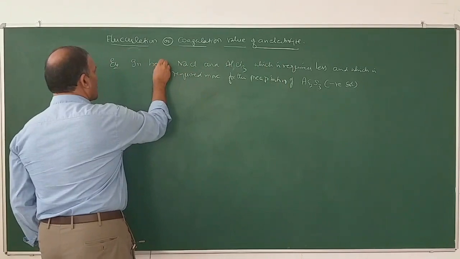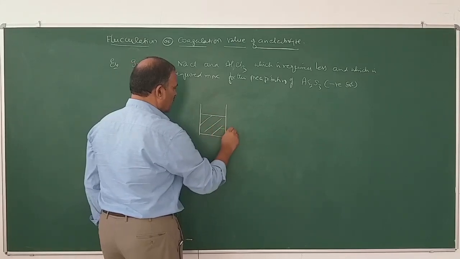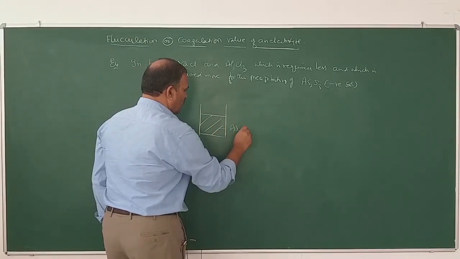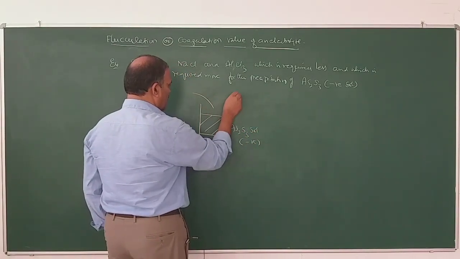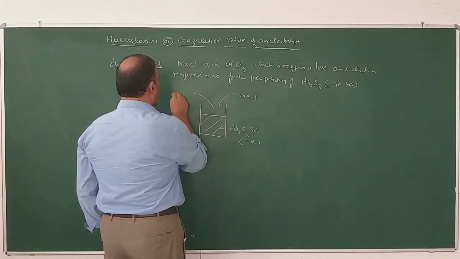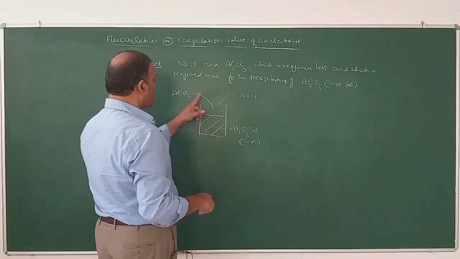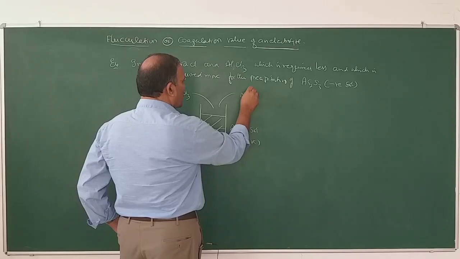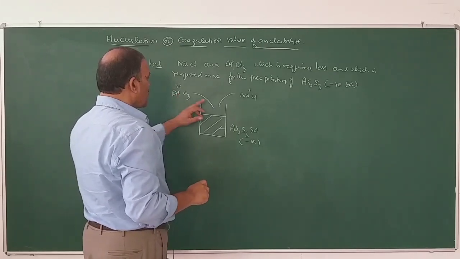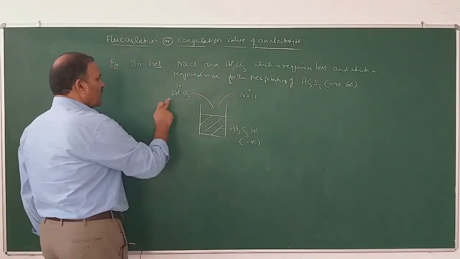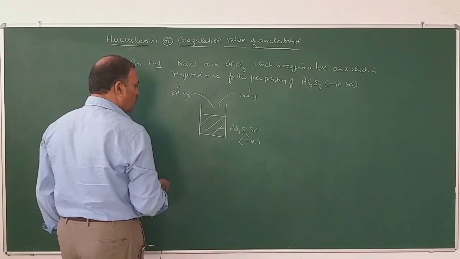Questions will be asked like this. I have to precipitate As2S3 salt, which is a negative salt. I have 2 electrolytes, namely NaCl and AlCl3. For the precipitation of a negative salt, I have to observe the valency of the positive ion. The valency of sodium is +1, and the valency of aluminum is +3. Which is required less? Aluminum chloride is required less because the valency of the aluminum ion is more.